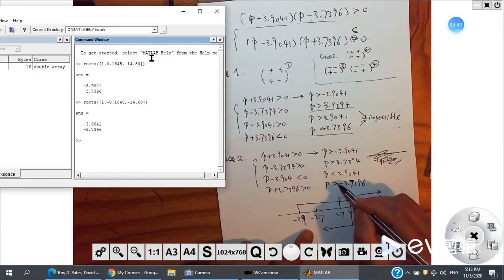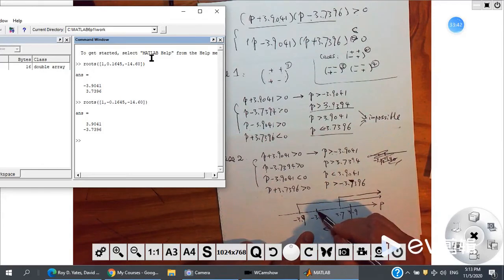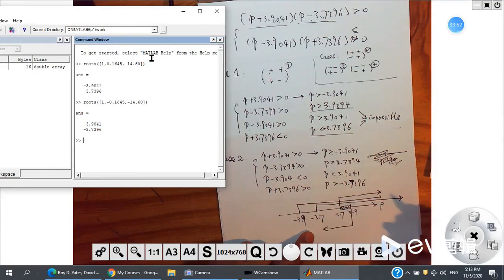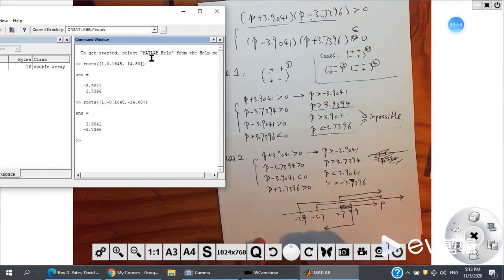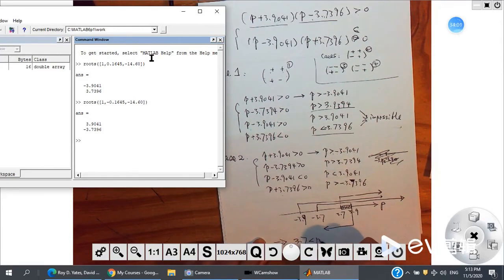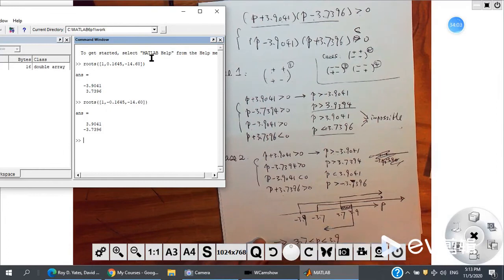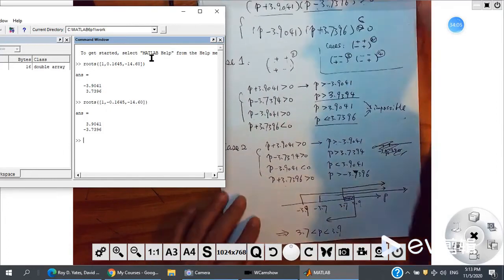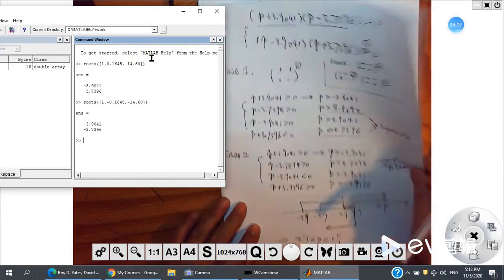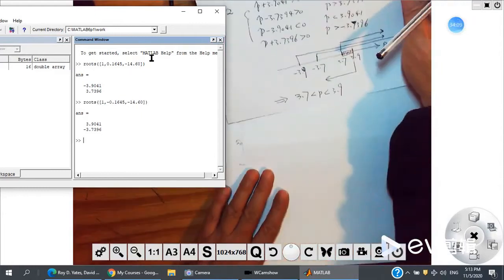The last one is larger than negative 3.7. Okay, the common interval is here. Alright, so we say P will be 3.7 smaller than P smaller than 3.9. Okay, this gives us a value.